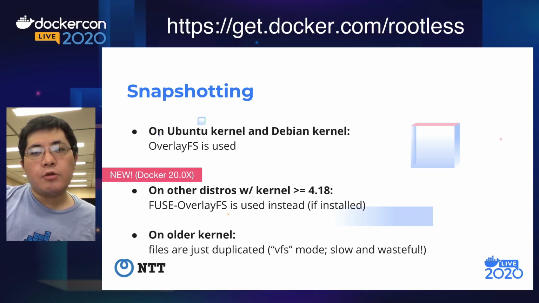If you are using other distros, basically you need to use the VFS driver, which is slow and wasteful. But the next version of Docker, version 20.0x, supports OverlayFS for any distro with kernel 4.18 or later by using FUSE file system.